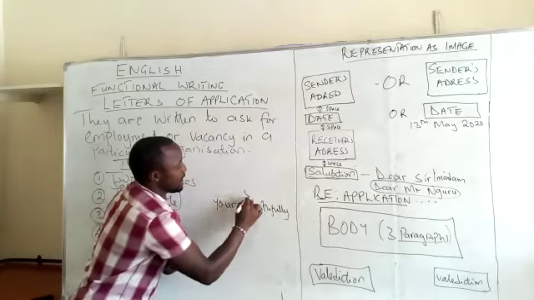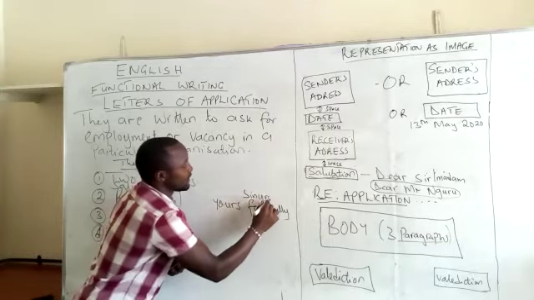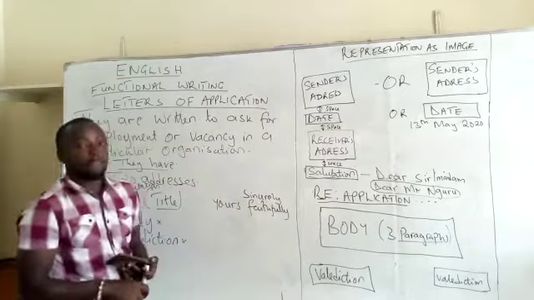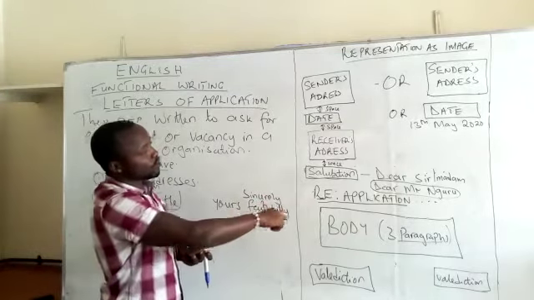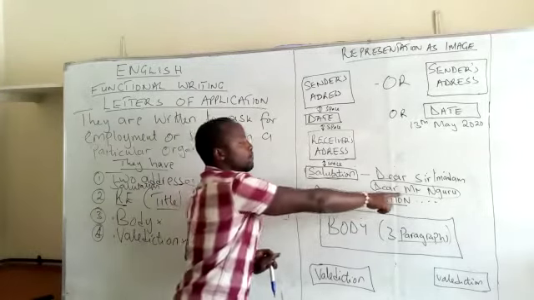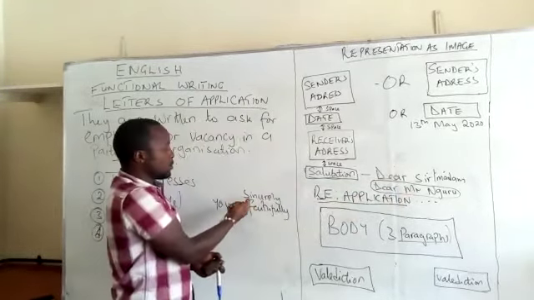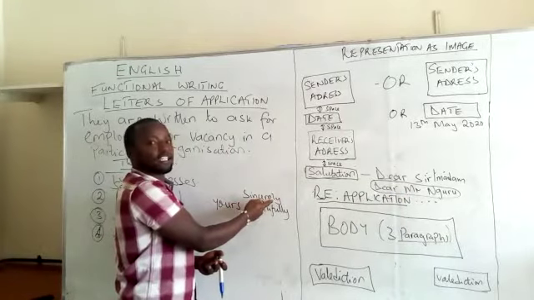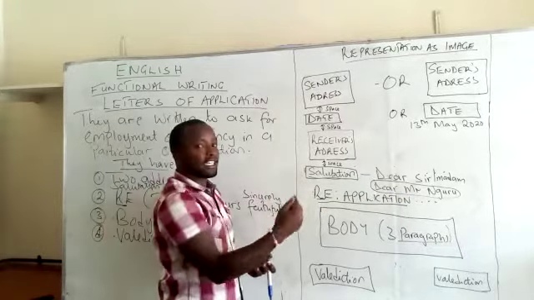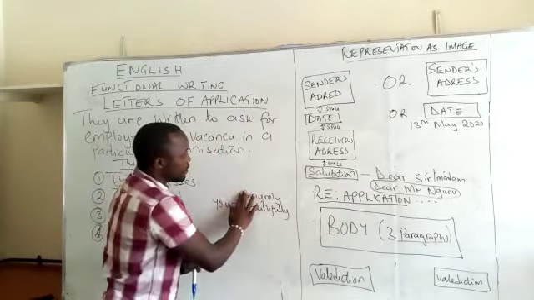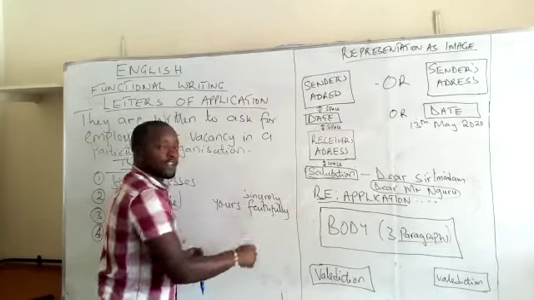And you can say also yours sincerely. Now, if you have mentioned the name of the person in the salutation, then you will say yours sincerely. If you have used dear sir or madam, then you will say yours faithfully.